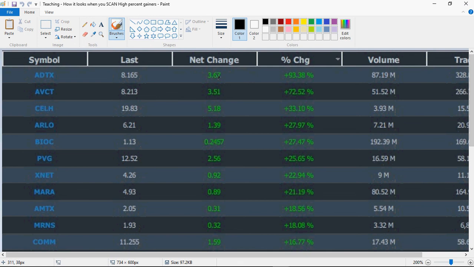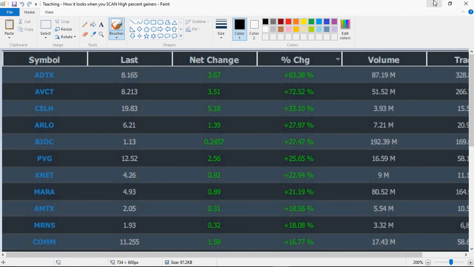Keep it between $1 and $10, as you can see here, and only look for 25% and higher in the change. I wouldn't check the ones under 25% because they don't really go up a lot. We need them to go up enough so we can get at least 50 cents or more. So you need these high gainers. It proves that they have enough strength to push up.